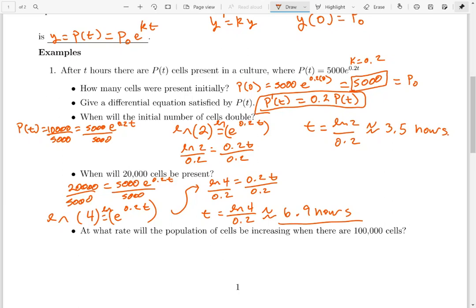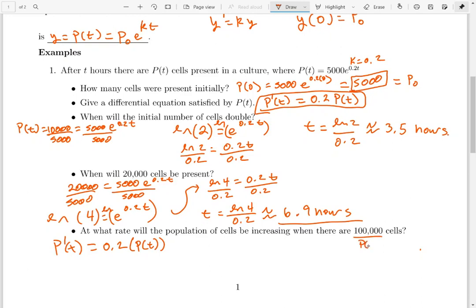Well, now we want to know at what rate will the population of cells be increasing when there are specifically 100,000 cells. This is actually one of the main reasons to use that differential equation stuff right now. We know that p prime of t is equal to 0.2 times the population at some time t. What are we trying to find? We're trying to find at what rate will the population of cells be increasing when there are 100,000 cells.